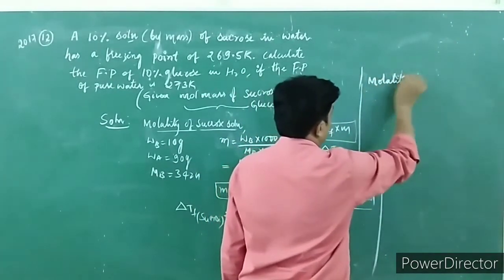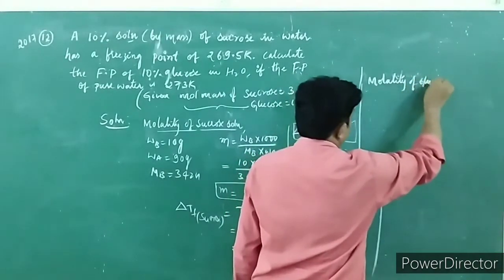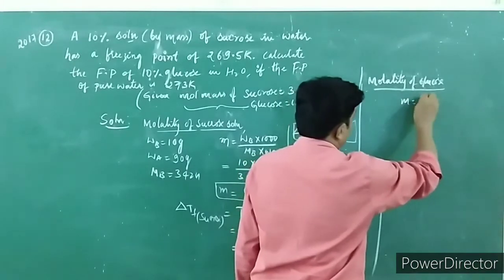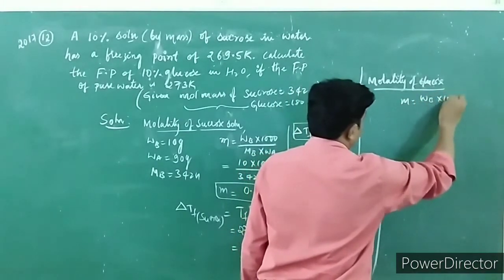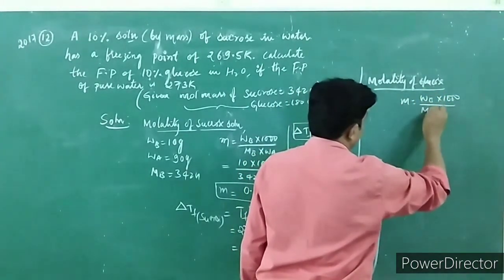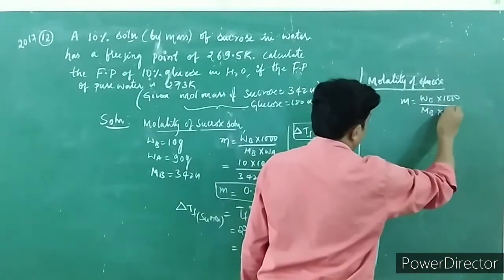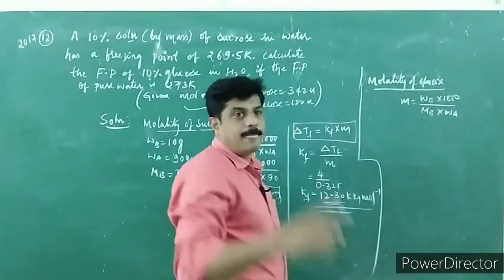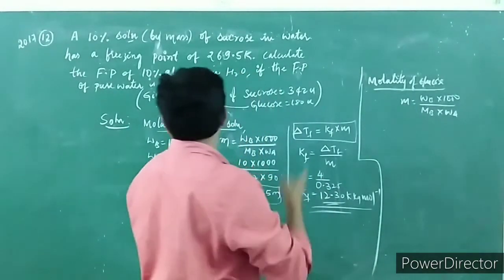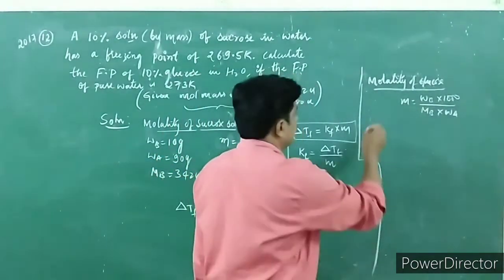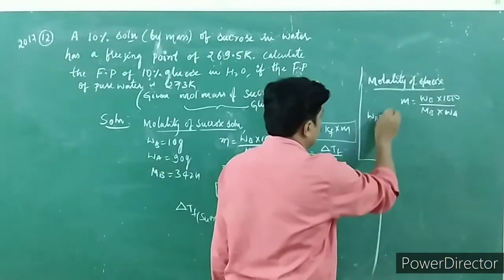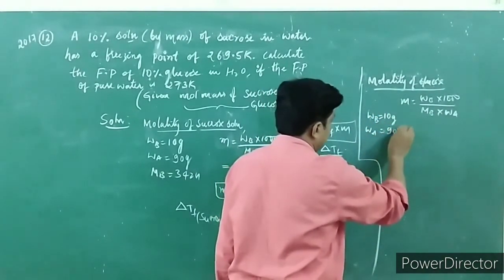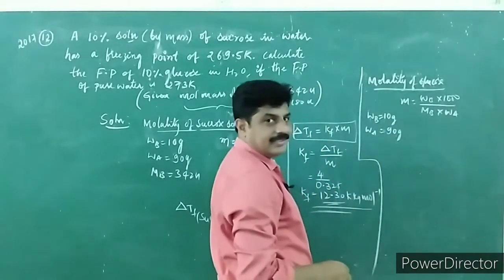Molality of glucose solution. So, m is equal to WB into 1000 upon MB into WA. Look at here, WB, again 10% they say here, right? That means WB is equal to 10 grams and WA is equal to 90 grams because it is a 10% solution. Is it not?